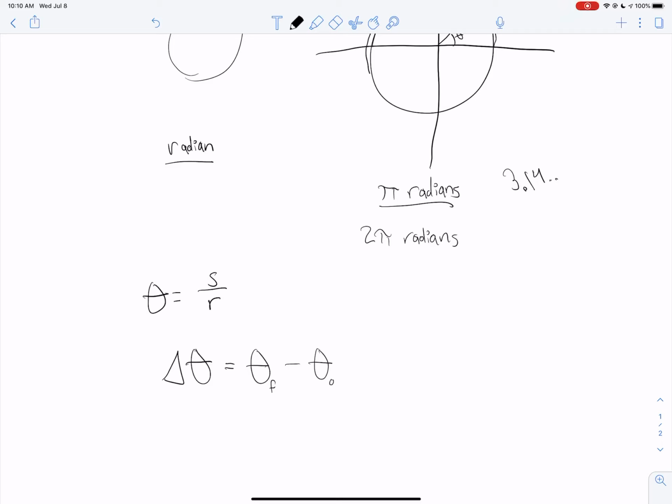For example, let's say again we have a circle here. At t equals 0, we're over here, and then at t1, we're over here. So the angular displacement would be the change in this angle right here.